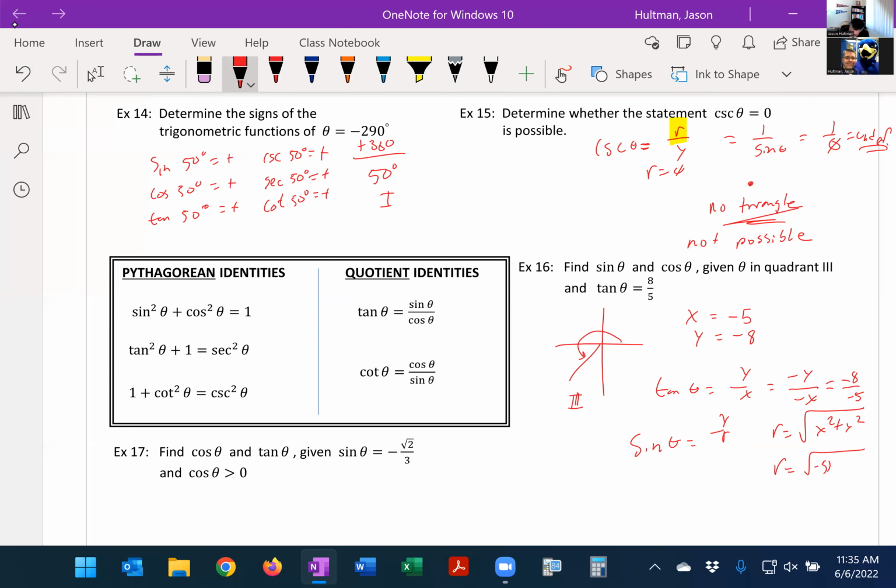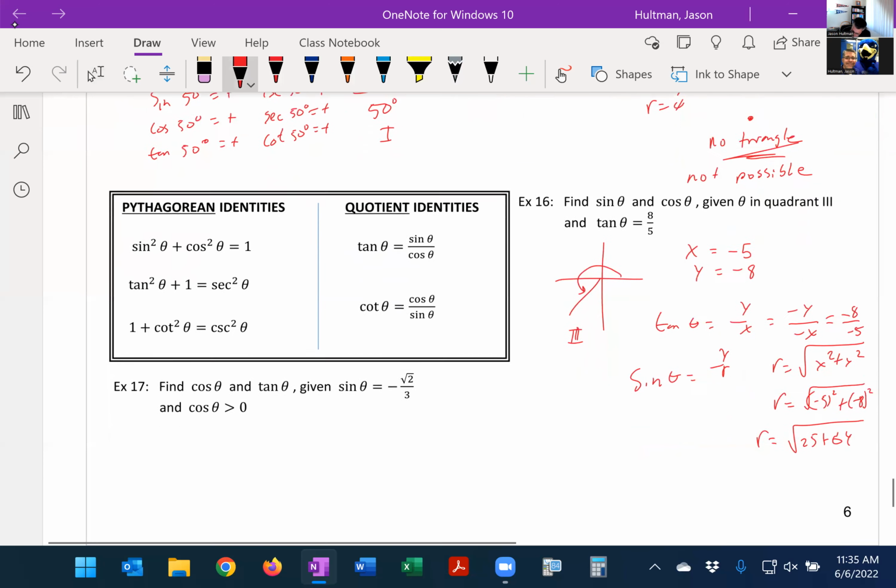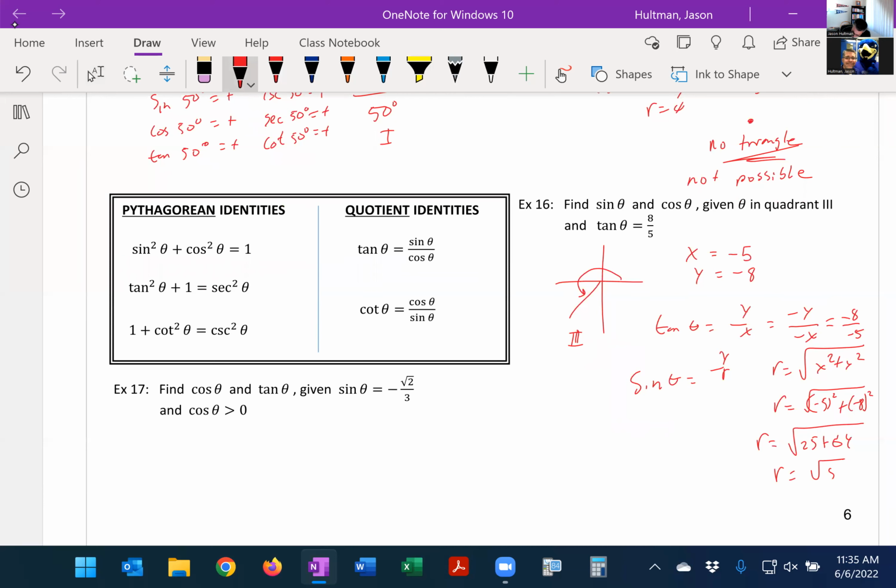So we have negative 5 squared plus negative 8 squared. So r is equal to 25 plus 64, which ends up being 89. So r is equal to the square root of 89.